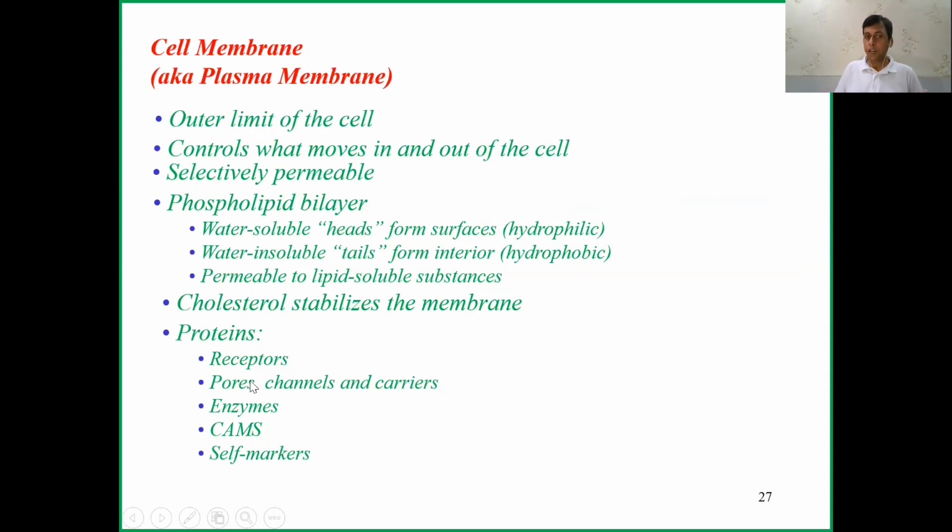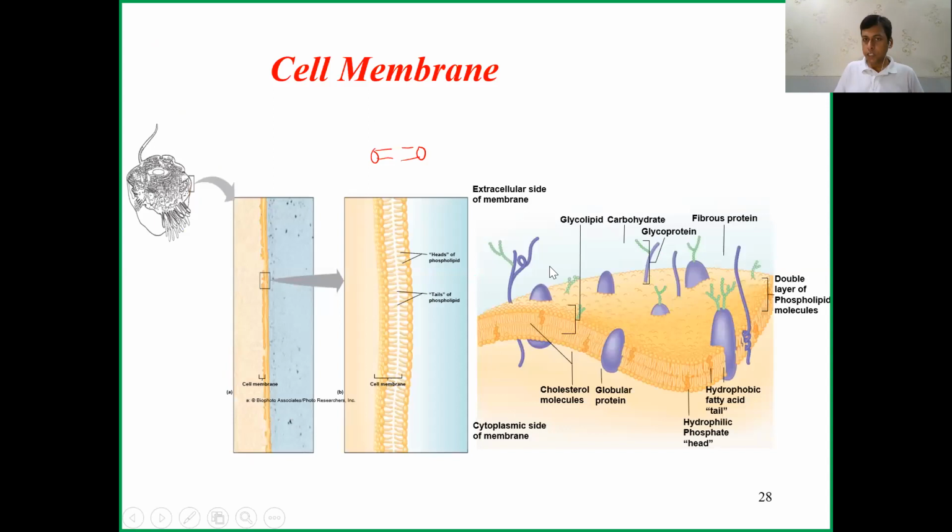Protein plays a major role. It has receptors, pores, enzymes, and everything. These structures you see are different kinds of associated proteins, and if they have a different shape, they have a different function. I will discuss the different proteins and their functions. They even have a skeletal system.